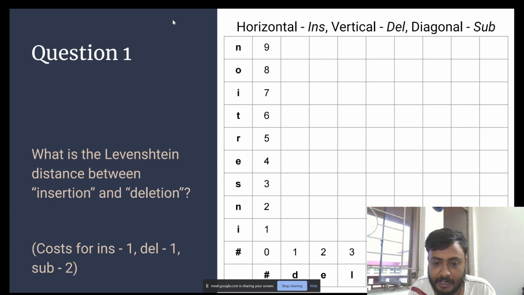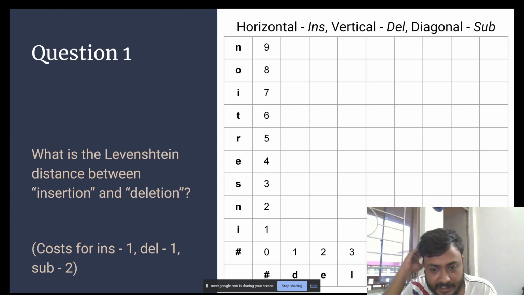For example, this value 1 indicates the cost of going from the string nothing to the string I, and so on. And this number 3 represents going from string del to string nothing. So you go from the string at the bottom to the string at the left. Horizontal movements are insertions, vertical movements are deletions, and diagonal movements are substitutions.